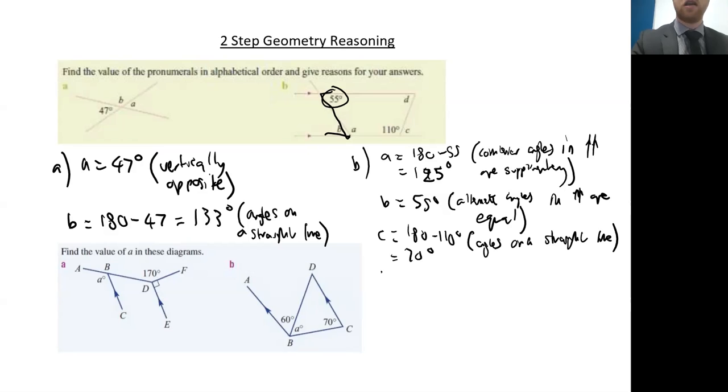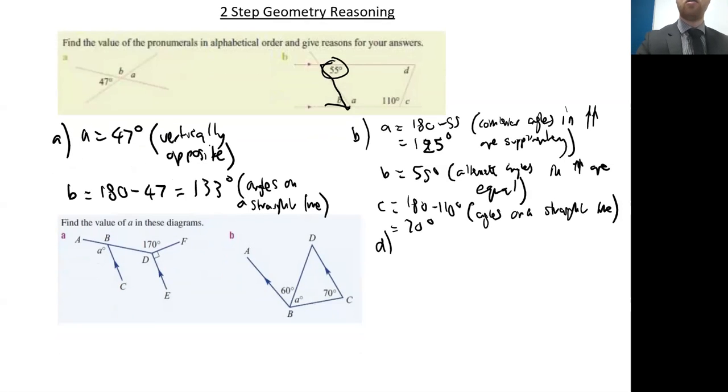And then lastly, to find D, it's going to be alternate angles with C, or you can do it as co-interior angles with 110. Either way, it's fine. So D is going to equal 70 degrees. I'm going to go with alternate.